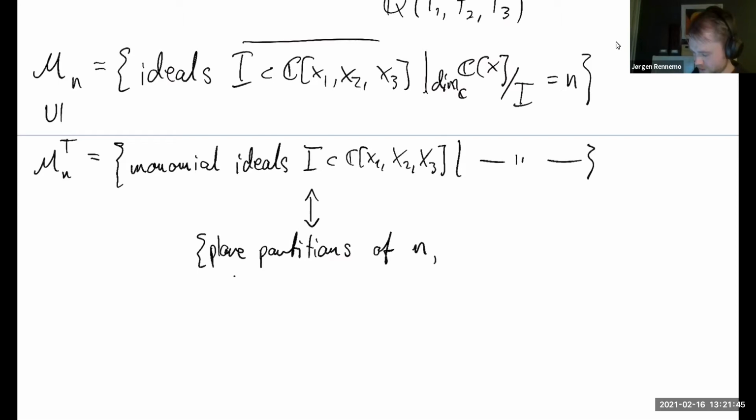And let me just write this down. The complement should be closed under adding on things in the positive orthant, right? So this thing should be contained in.